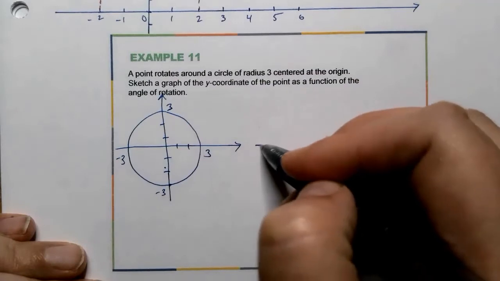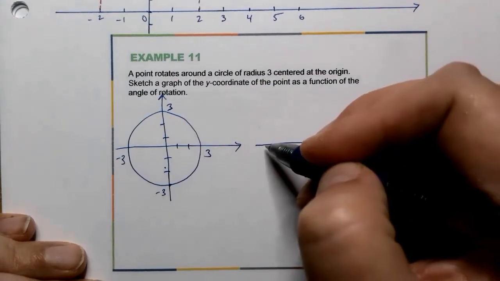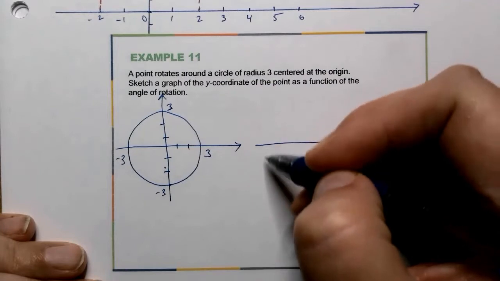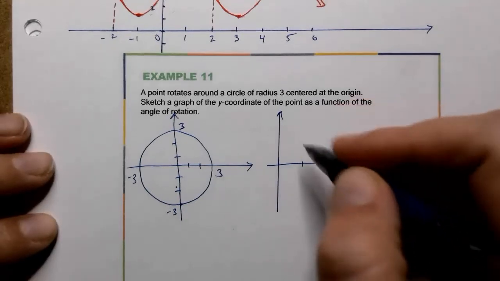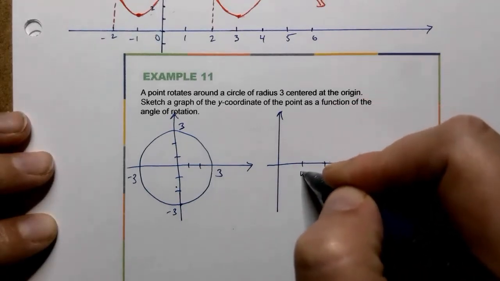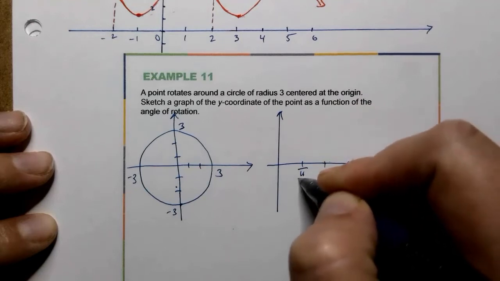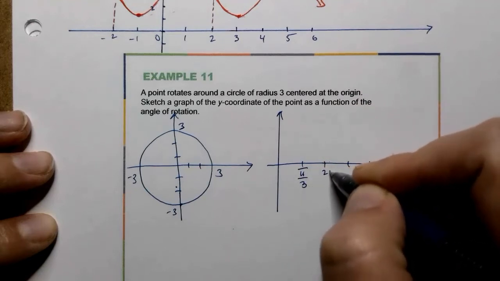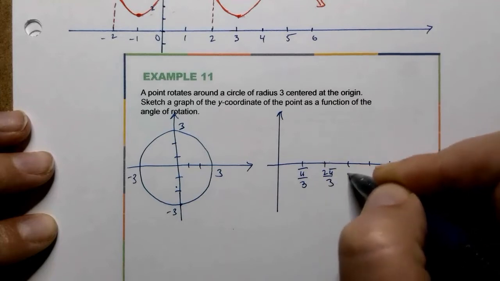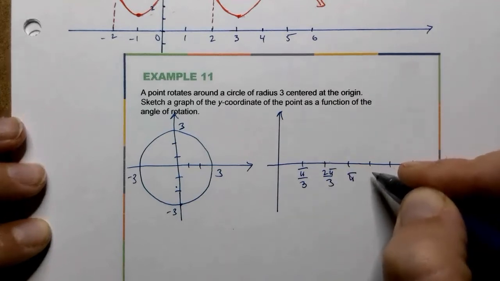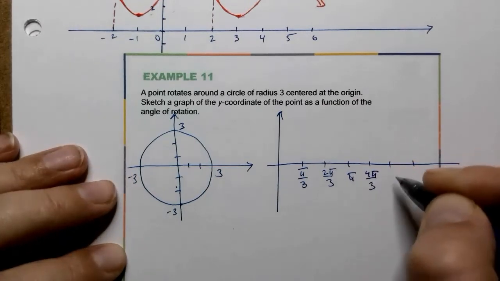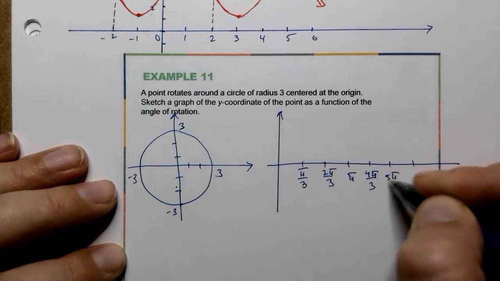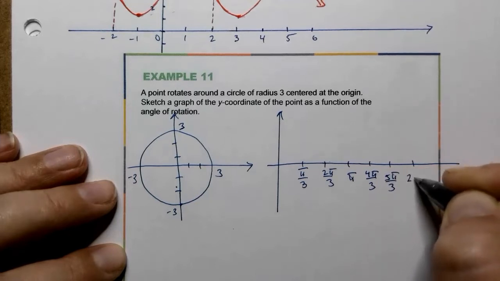Okay, so let's make our scale. We have pi over 3, 2 pi over 3, pi, and then 4 pi over 3, 5 pi over 3, and 2 pi.